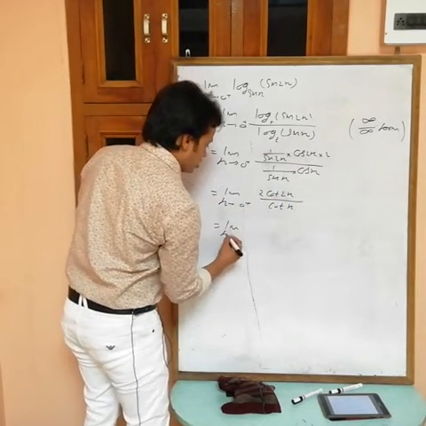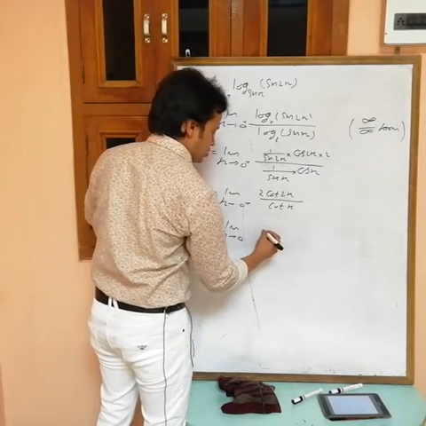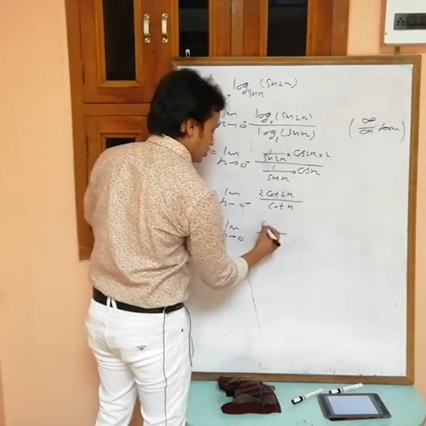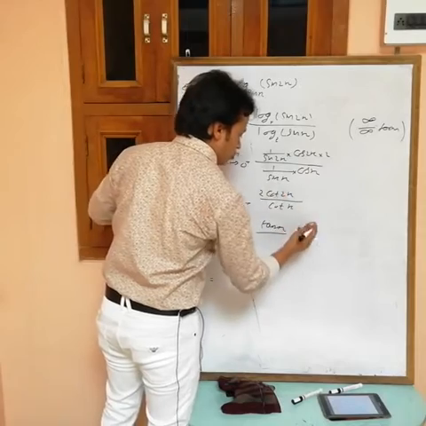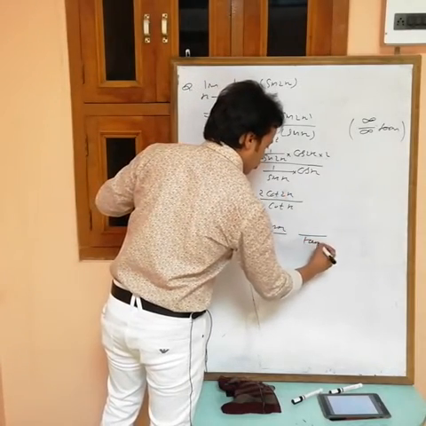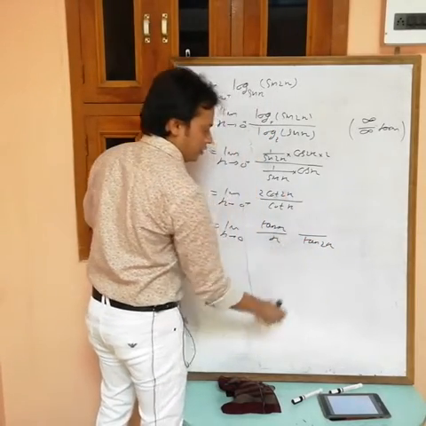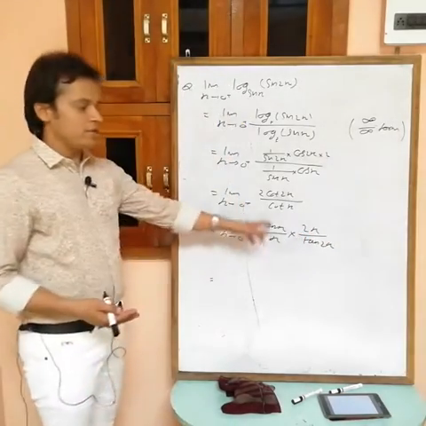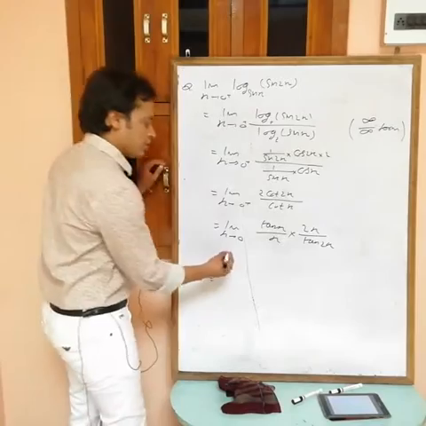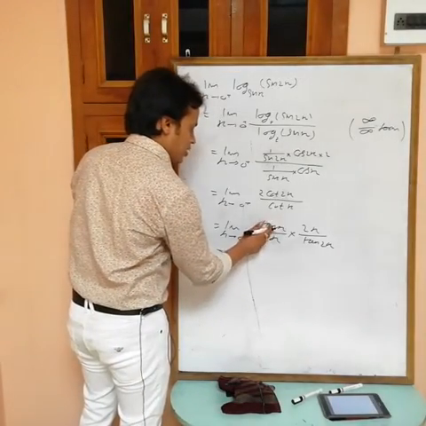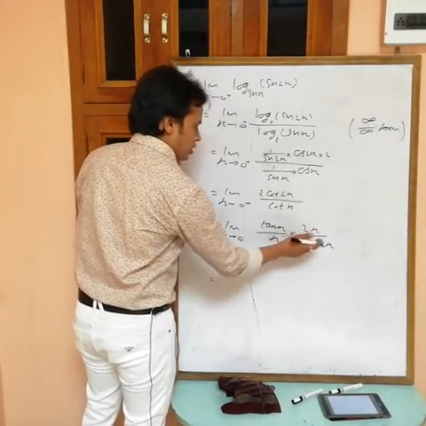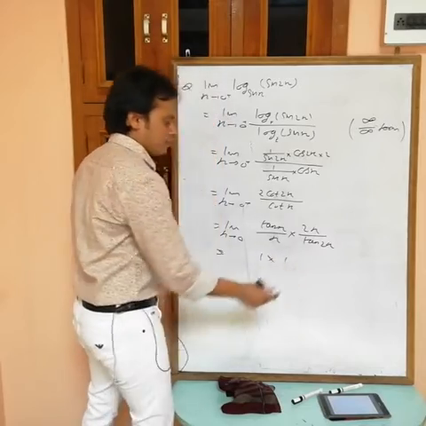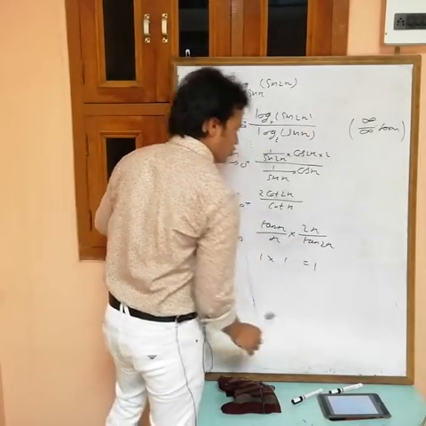Then limit x tending to 0 plus, I can write this one as tan x in the numerator, and tan 2x in the denominator. Here you have x, here you already have 2 multiplied with x. X cancels out, same value, and both are standard limits. Tan x by x is 1, tan x by x is 1. Both x must be the same, so the answer is 1.